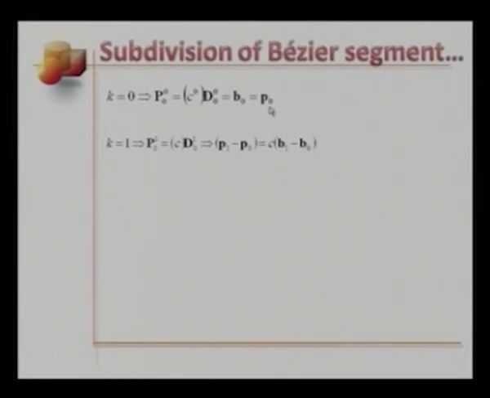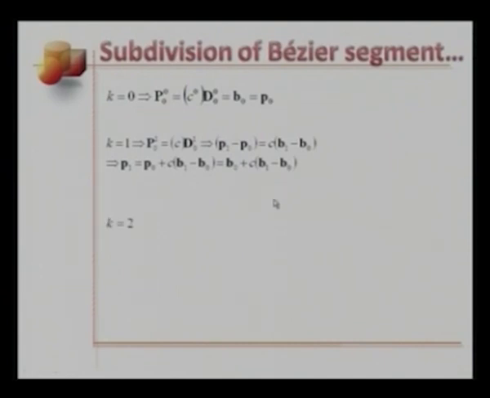We already know what p sub 0 is. We can find what p sub 1 is, and that is equal to b sub 0 plus c times b sub 1 minus b sub 0.